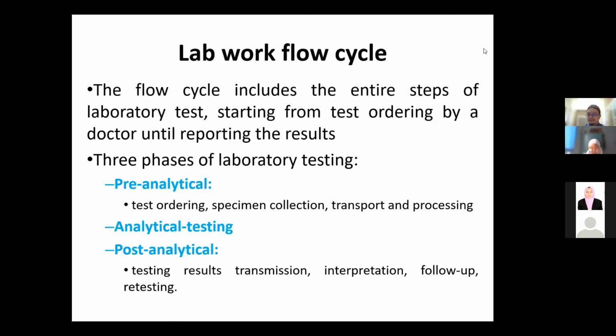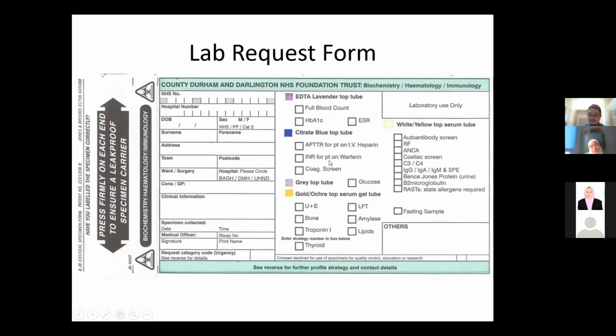So to retest, there's a flow for it. Okay, this would be your close friend very soon. Yeah, the lab request form. You'll be looking at this and deciding what test to do, to accept or not, etc. Yeah.